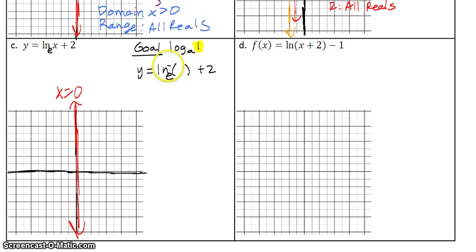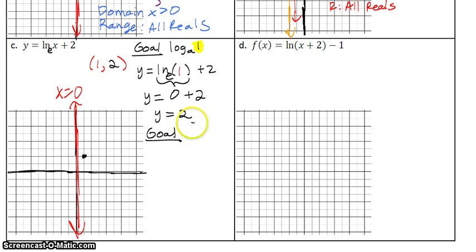Well, because it's just by itself, I'm going to put a 1 in there. And remember, a ln log is the same as a log log. Same rules apply. So log base e of 1 is 0. That's why I wanted to do that. That means y is equal to 2. So my first point this time is 1 comma 2.